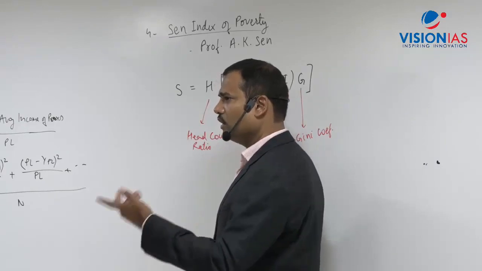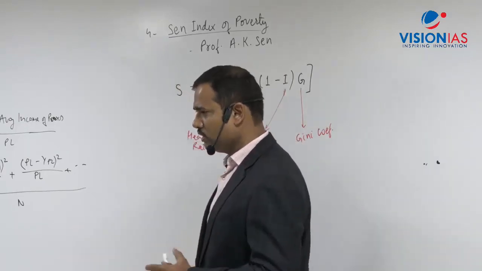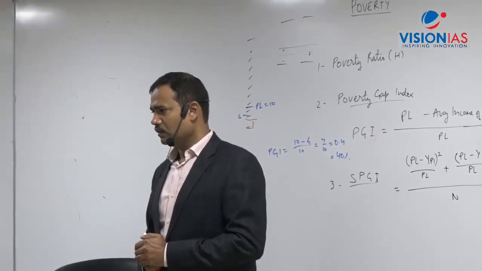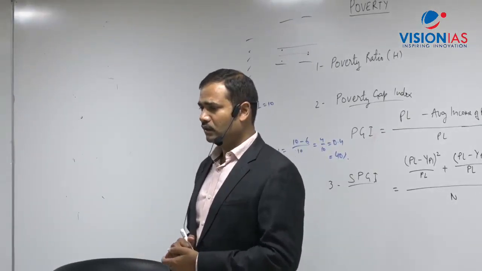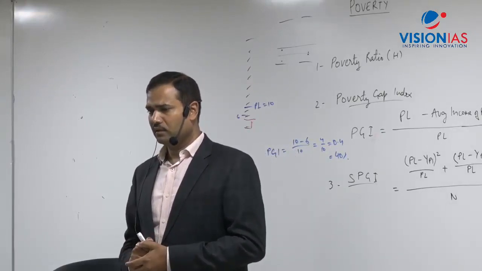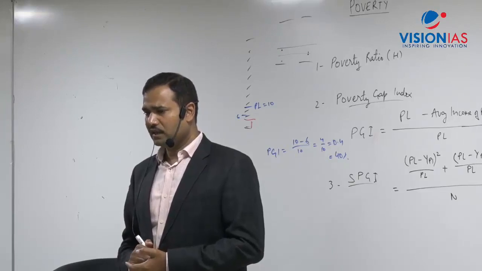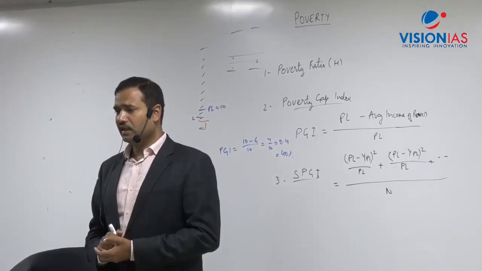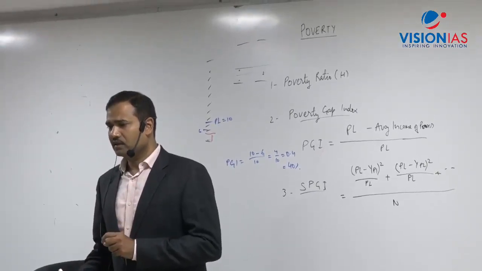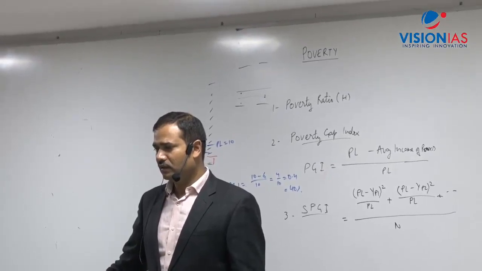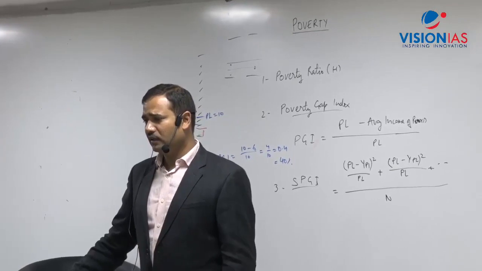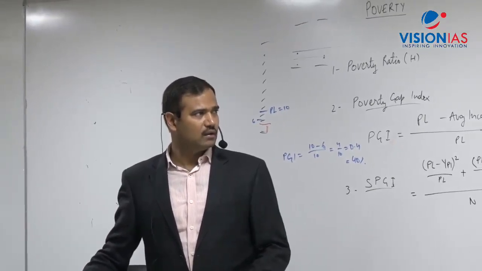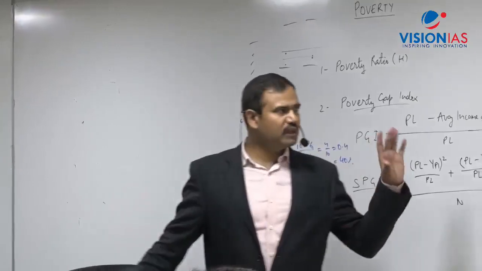Shall I dictate, or you may write down one line. It is a composite measure of poverty, which takes into account extent and severity of poverty, considering inequalities. It simply means it's a composite index of poverty.